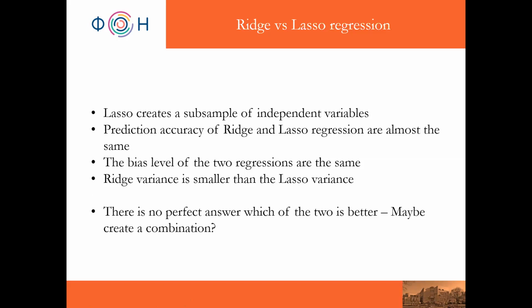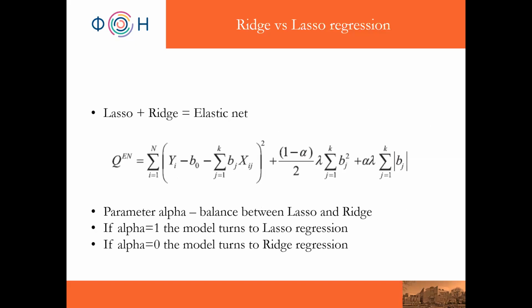So then the question arises, why not make a combination? Why not take both types of constraints into account when estimating the values of coefficients? So in fact, a new type of regression was created.